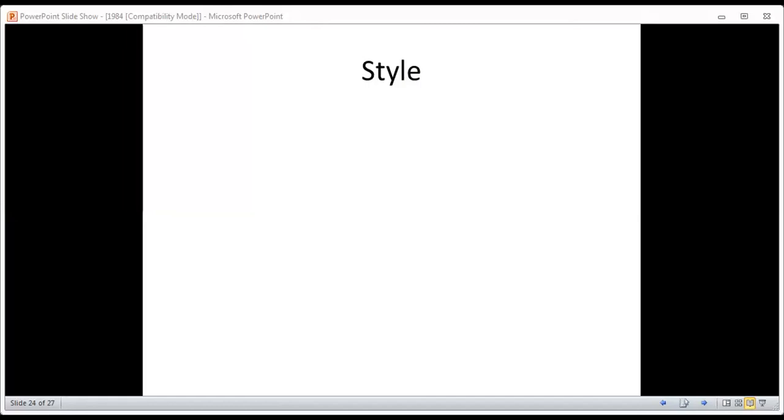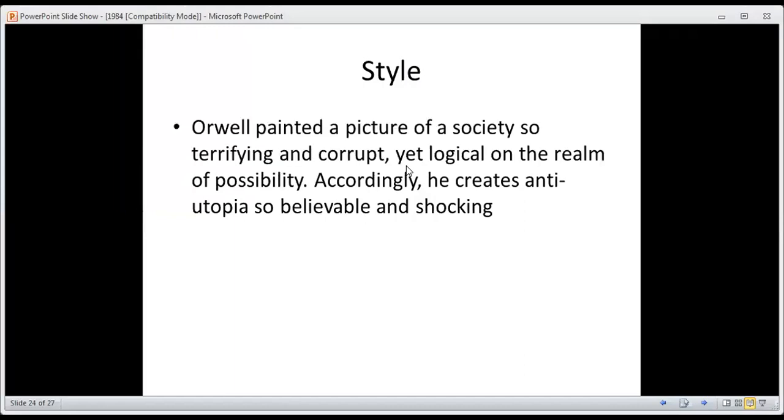I started recording already. So I said that the image of the society which is pictured in the novel is a horrifying image, yet it is logical in one way. Why? Because you will always find a tyrant who is supported by his own party and a lot of followers following him.